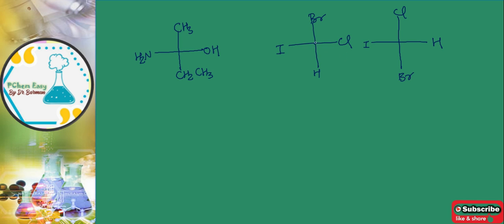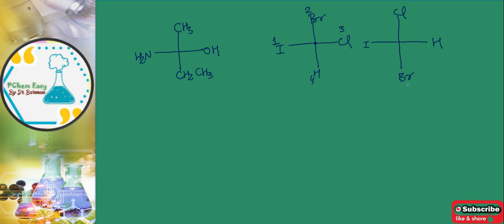See, assign the priority. As I told, as per the atomic number, iodine is 53, priority 1. And I also told whenever you see hydrogen, just give it 4. Now we have to see these two. Bromine is 35, so obviously it will get 2. This will be 3.